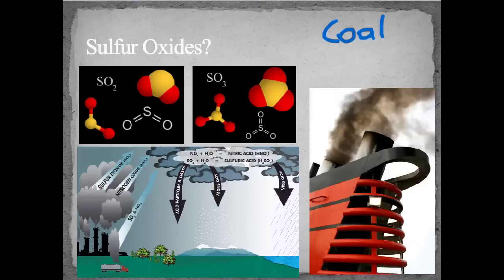Sulfur oxide also is in the production of acid rain. And sulfur can be a natural pollutant that comes from volcanoes.